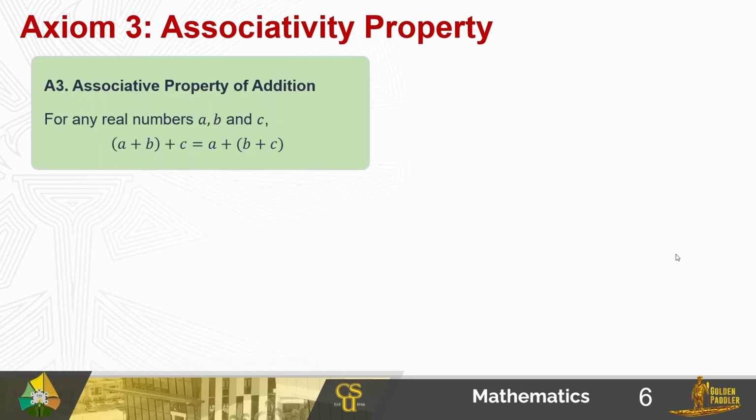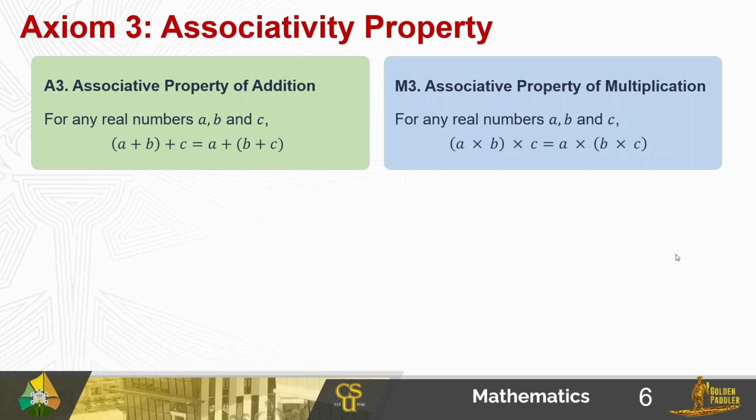It states that for addition, for any real numbers a, b, and c, the quantity a plus b, plus c is equal to a plus the quantity b plus c. And for multiplication, for any real numbers a, b, and c, a times b times c is equal to a times the quantity b times c.